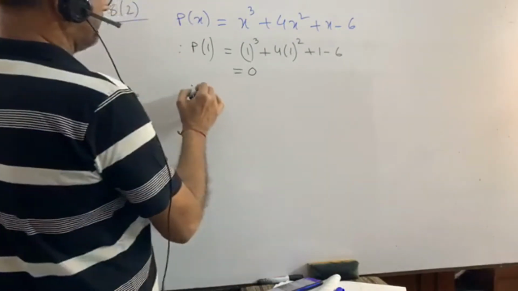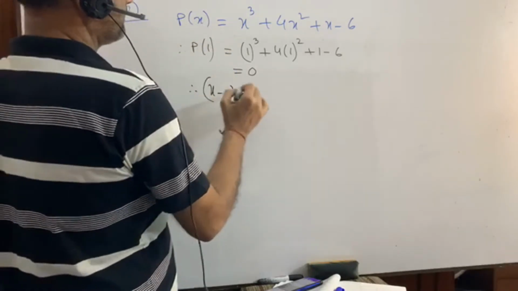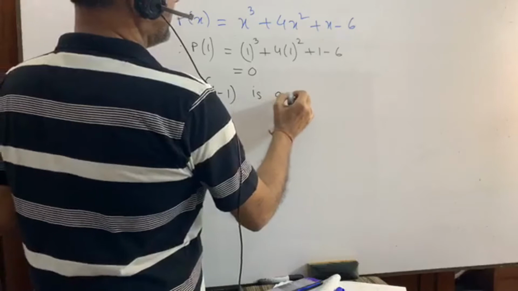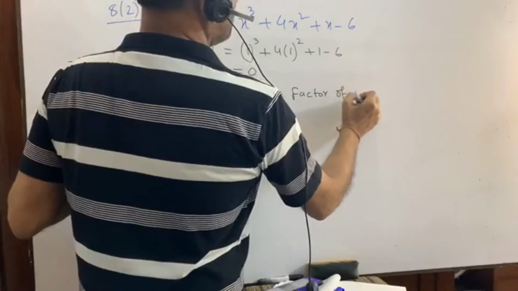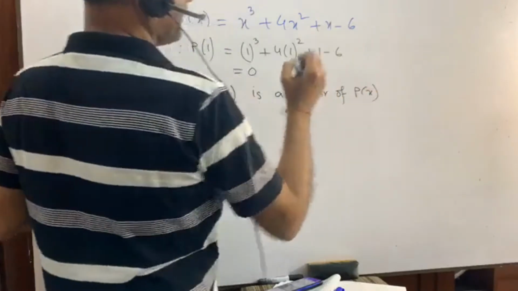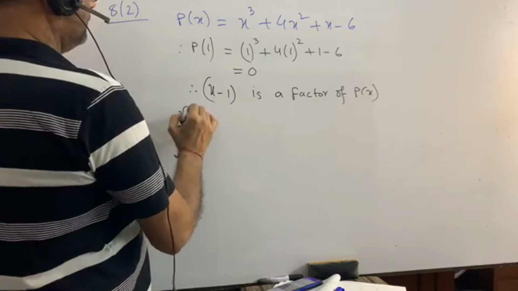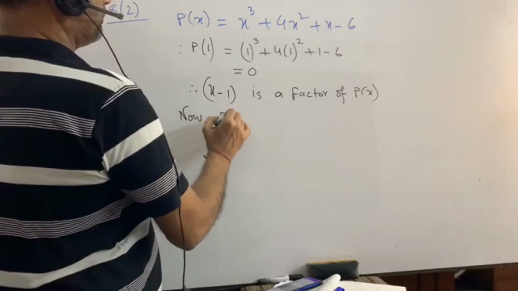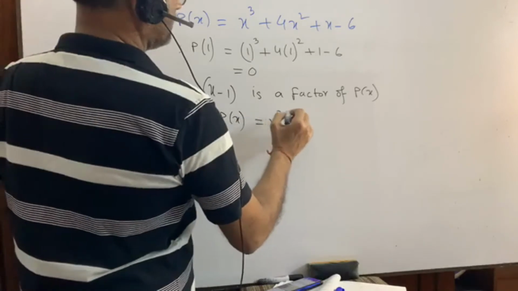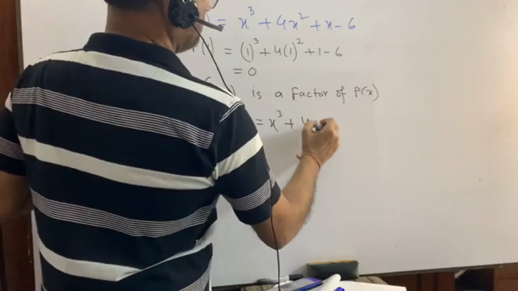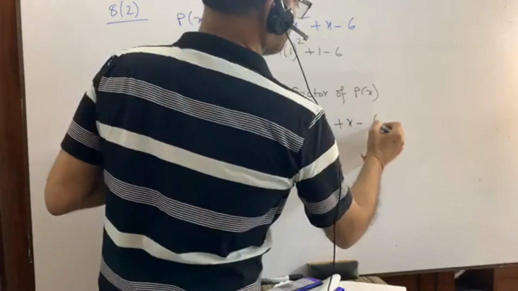Write down. Therefore, x minus 1 is a factor of P(x). Now write down P of x is equal to x cube plus 4x square plus x minus 6.